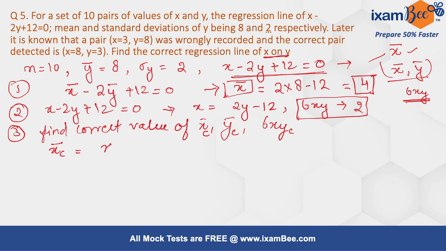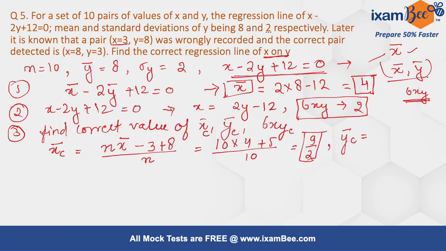We multiply n with the previous wrong mean, and we subtract the wrong value, that is actually 3. We have to add 8 and subtract 3 from it, and if we divide it by the number of observations, we can find the corrected mean. So here is the corrected value for x bar. Similarly, we can find the corrected mean for y.